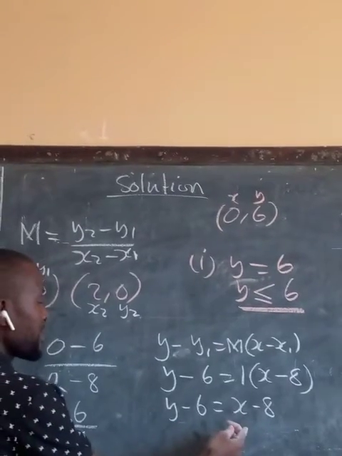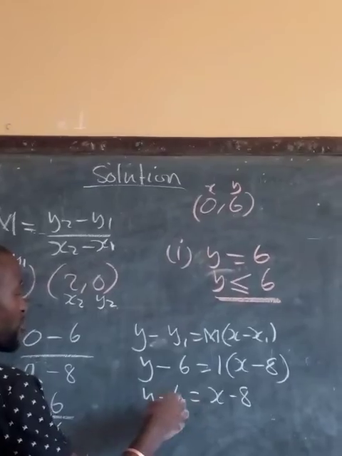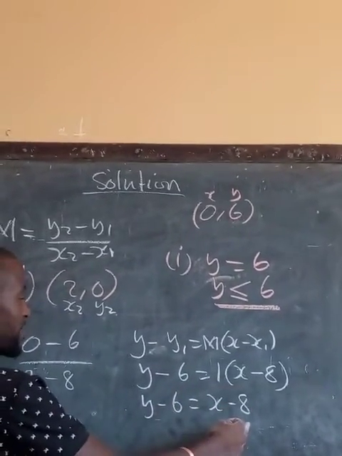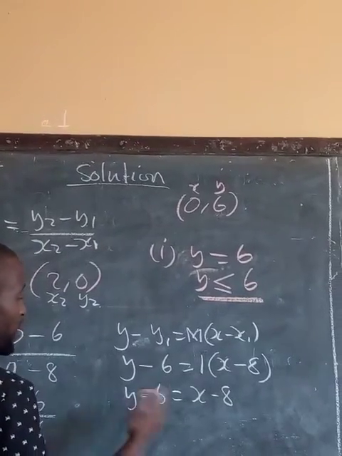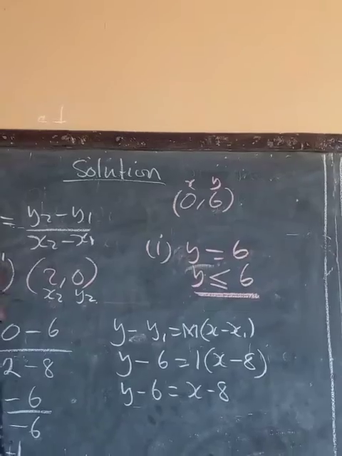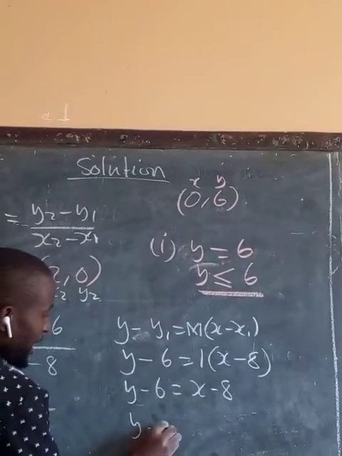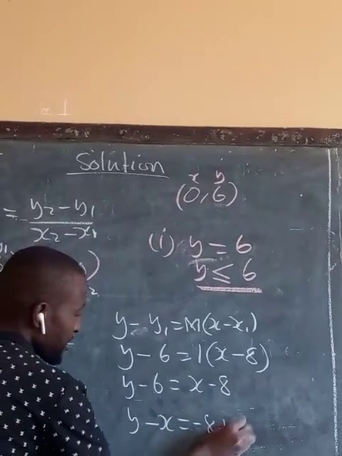So when we have this, we just collect the like terms. Negative 6, we take it to negative 8, and x comes the other way around. Or we can do the opposite, whichever way you feel fit, just make sure that you balance your weight. We are going to say y minus x is equal to negative 8 plus 6.